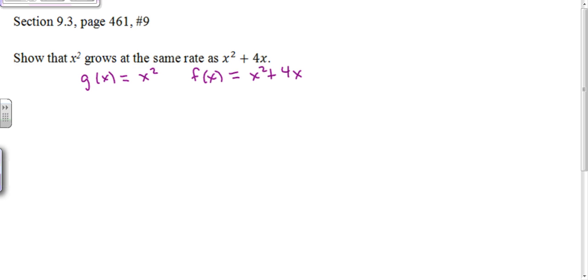Now in this section we learned that if two functions grow at the same rate, then in the limit as x goes to infinity, f of x over g of x will be equal to some constant L, which is not equal to 0. So the way to approach this problem is to find this limit and then see what it's equal to.